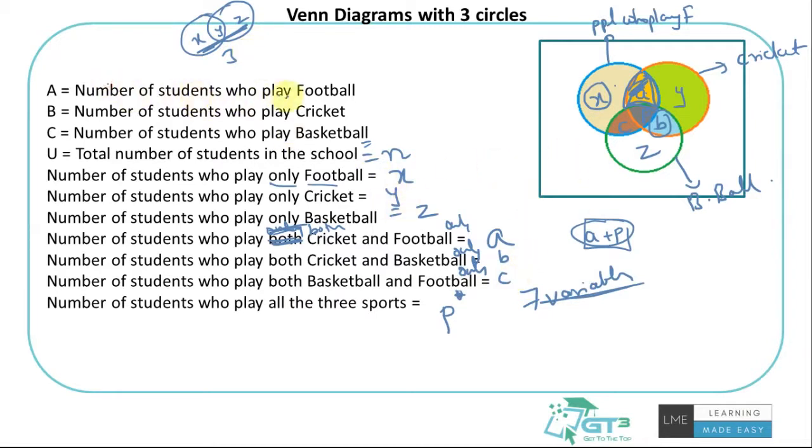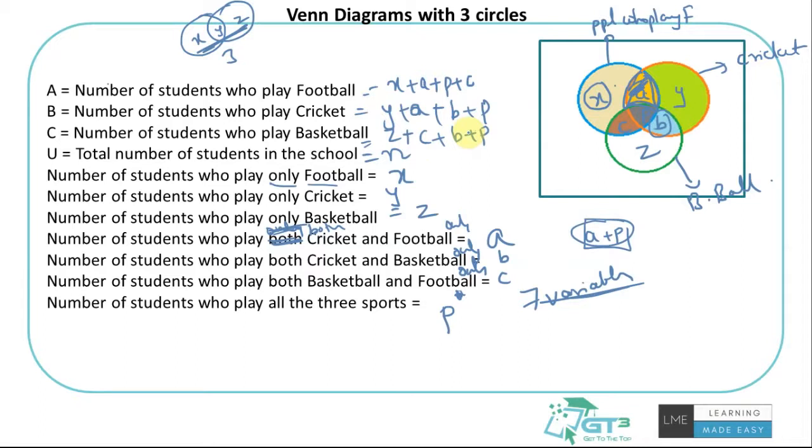So how many students play football? That is football only, football and cricket only, football and basketball only, football, cricket and basketball, all 3 games. So that will turn out to be X plus A plus B plus C. The number of students who play cricket would be only cricket, cricket and football only, cricket and basketball only, and all the 3 sports, and this would be Z plus C plus B plus P. That's the number of people who play basketball.